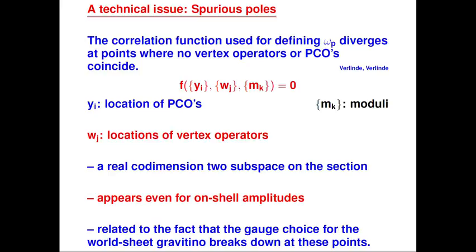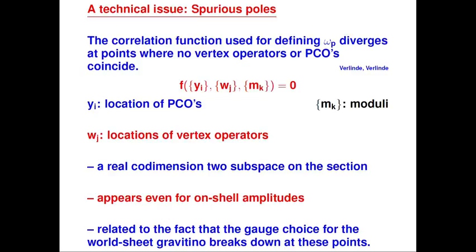The spurious poles arise from the observation that if we take the correlation function that is used for defining omega p, which means the correlation functions of the xi and eta operators and the e to the minus phi operators, then this particular correlation function that we need to calculate to define omega p diverges at points where no vertex operators or picture changing operators coincide.